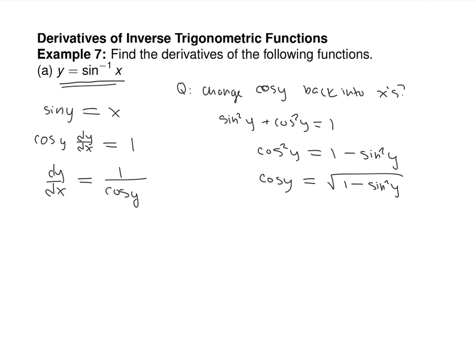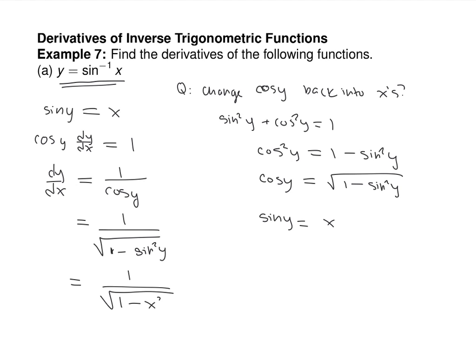And I know that you might be thinking like, oh my god, that isn't actually helpful. So just plug that in instead. And here's the thing. What was sine of y equal to? X. 1 over the root 1 minus x squared.